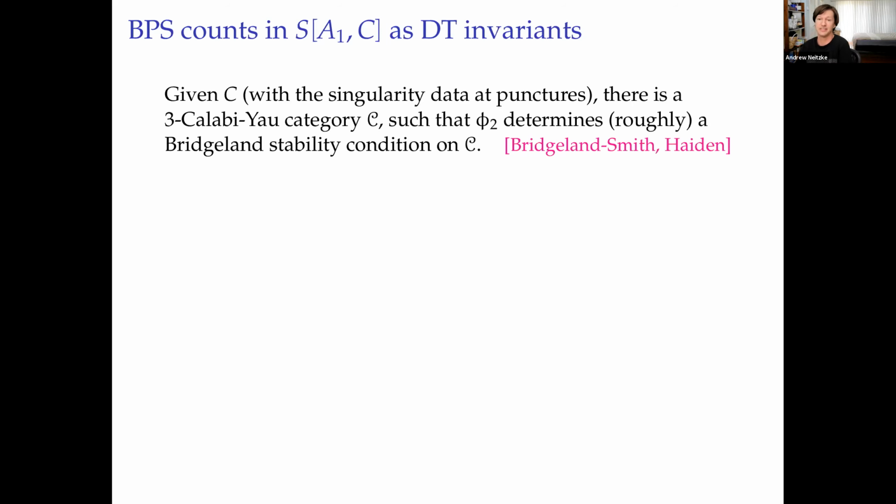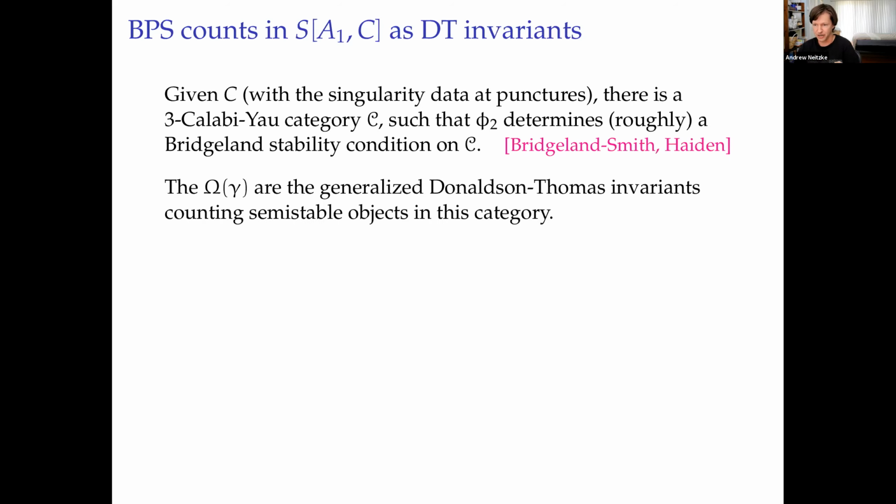So the statement is that given all of our data, particularly given this curve with the specified punctures and singularity data, there is some 3-Calabi-Yau category, such that the data of a meromorphic quadratic differential determines a Bridgeland stability condition on that category.